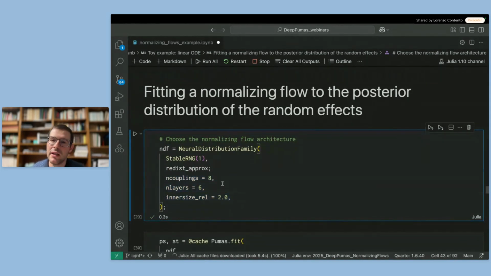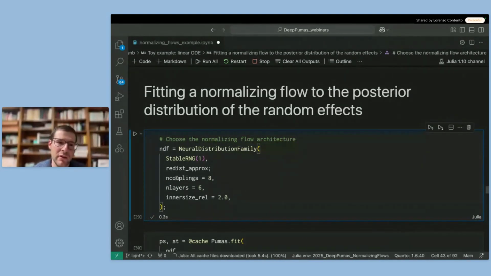If you look at the review I sent you before, you will see that there is a kind of normalizing flow called coupling flow, which is the one that we use, which consists essentially in a series of affine transformations controlled by a neural network that are stacked on top of each other. And so they grow in complexity as we add more layers.